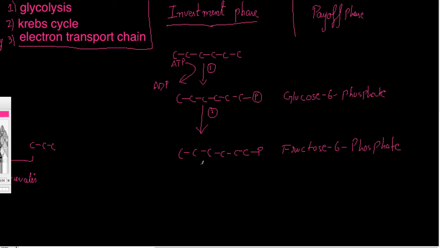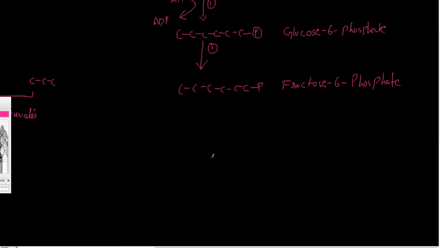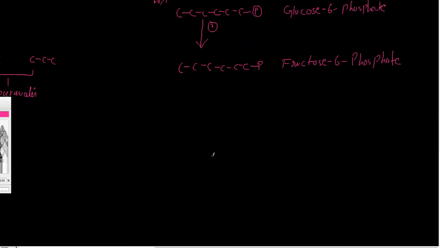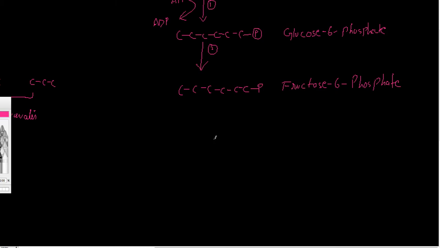Anyways, let's go. It keeps just getting more and more interesting. In the next process, in the third process, we have another ATP. So in the third process, another ATP comes along and goes out as an ADP. So you might be thinking, okay, another phosphate group attaches to it.